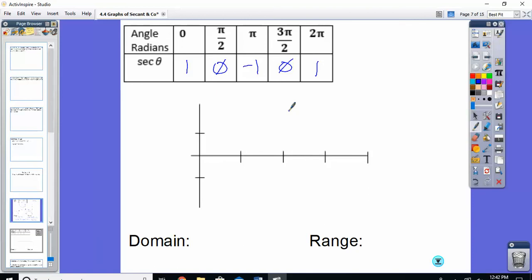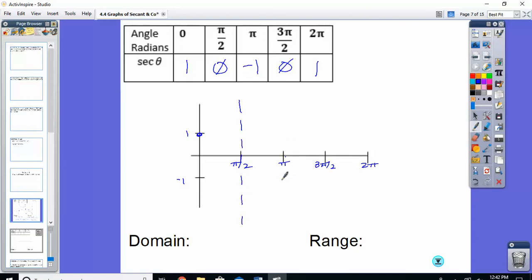So just like we did on the last one, if I plot all those points, I've got 0, 1. Pi over 2 is undefined, so that's an asymptote.